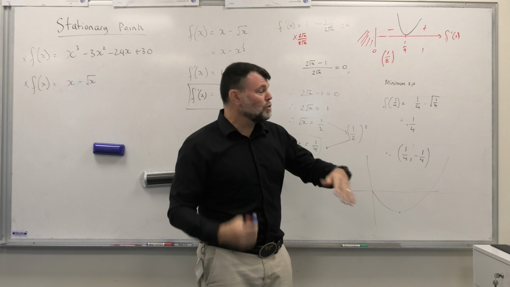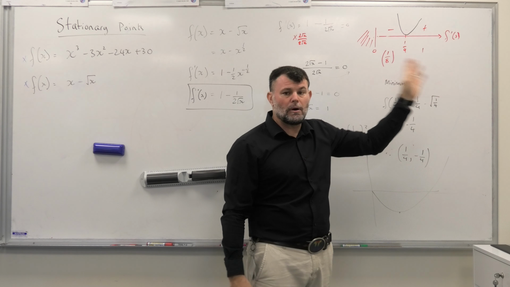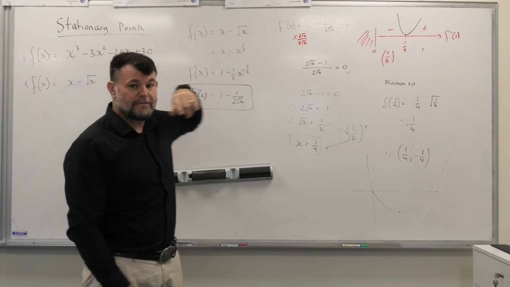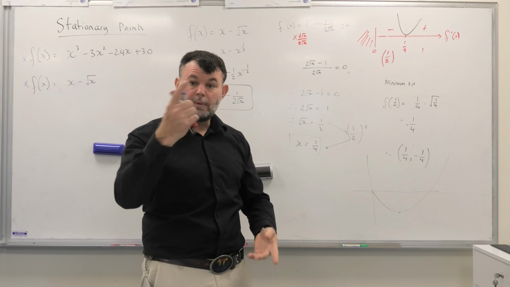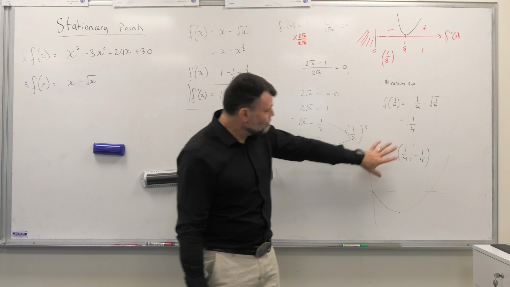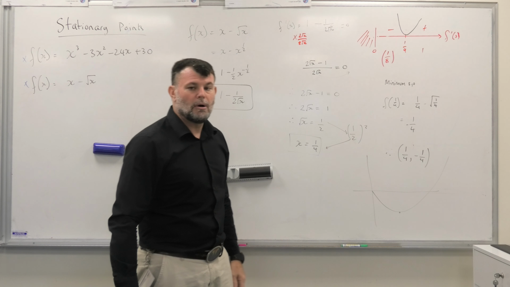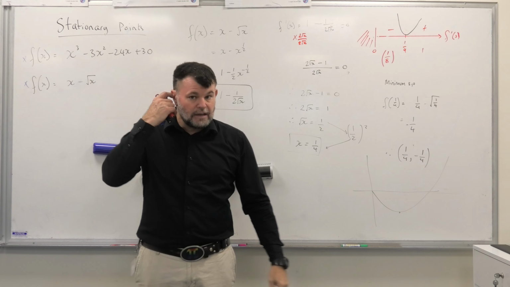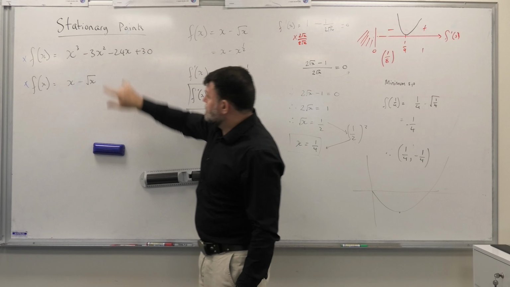Once we get that critical point, we use that in your sign diagram to establish what type of stationary point we found, by classifying it as a minimum stationary point, maximum, or it could be an inflection stationary point. Once we've done that, we then write down what the coordinates are, and if it asks you to sketch it, you sketch it by finding the x-intercepts, equating this to 0, and finding the y-intercepts by plugging x equals 0 in.